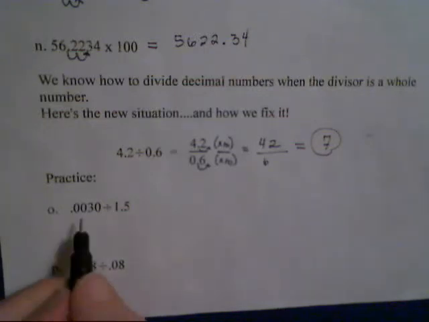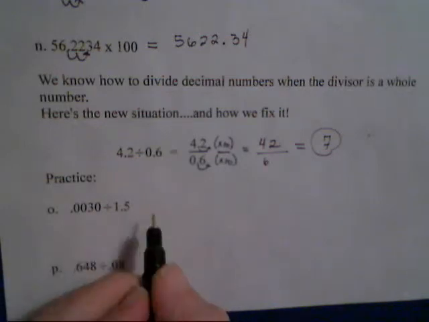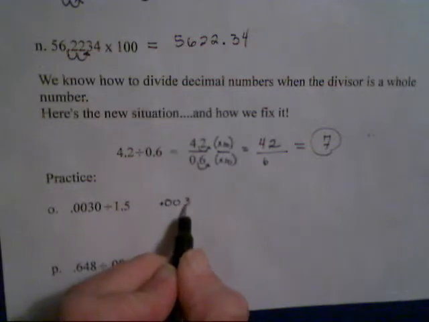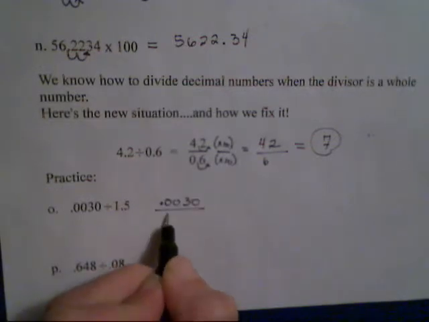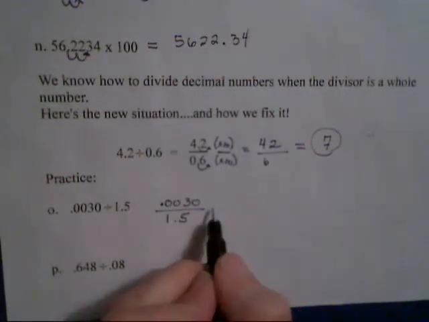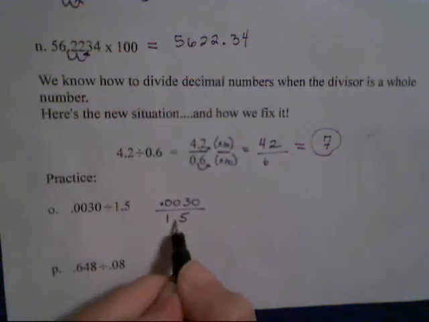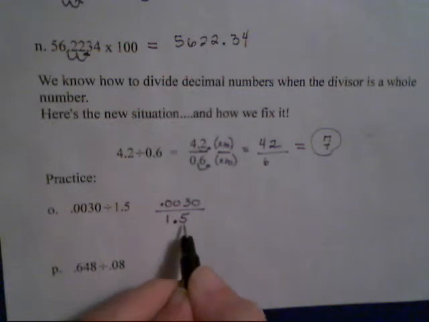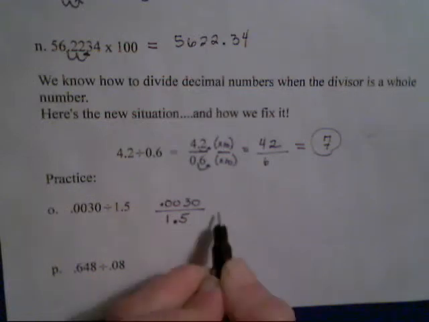So let's look at this practice problem here. This one looks really hard. So here we have 0.0030 divided by 1.5. Okay, this is going to take a couple of lessons into account for how to do it. So let's say I want to get rid of this decimal because I don't like dividing by decimals. So if I multiply this by 10, the decimal will go over here and I'll have a 15 on the bottom.